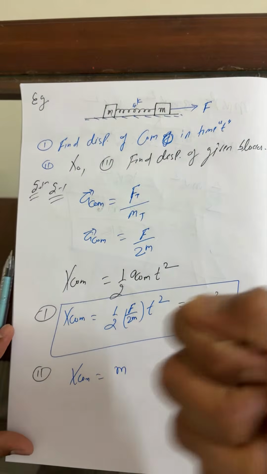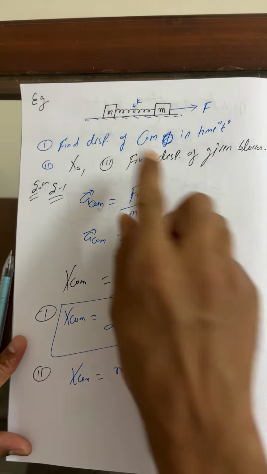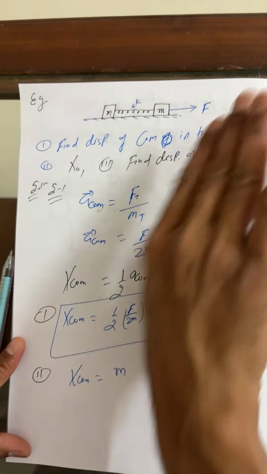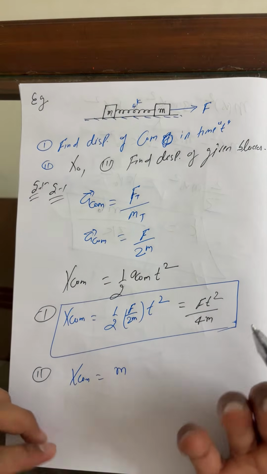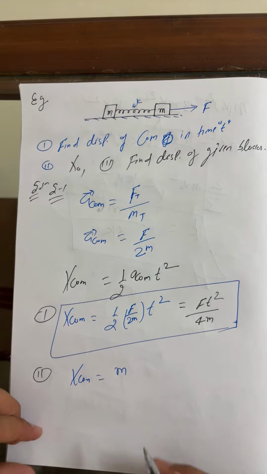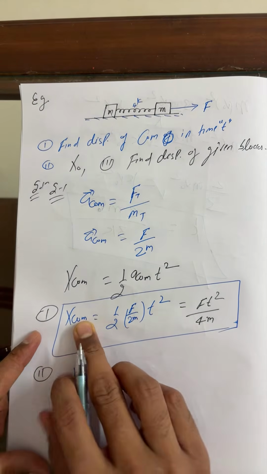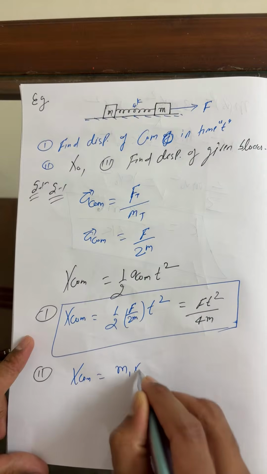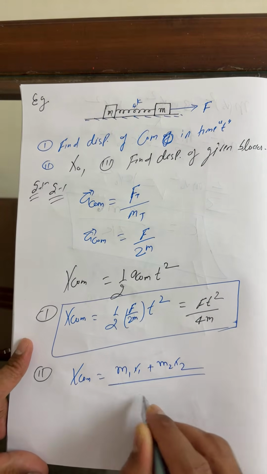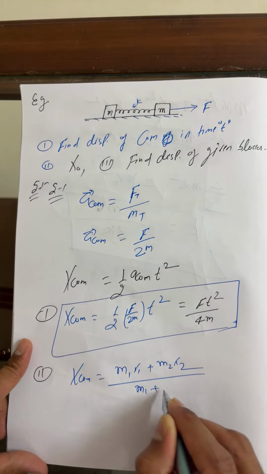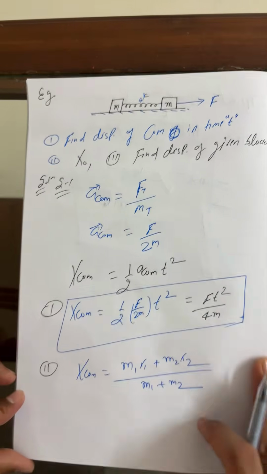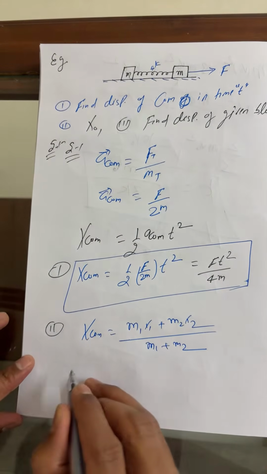If you are applying force on a block towards right, so block 1 moves x1 and block 2 moves x2. Students, I hope all of you remember the x_cm formula: m1 x1 plus m2 x2 upon m1 plus m2. x_cm I already found in part 1.